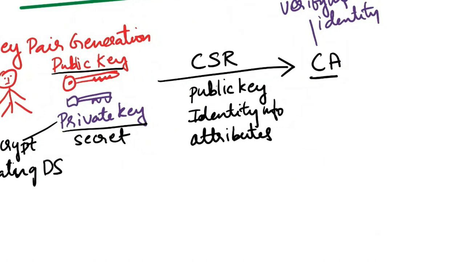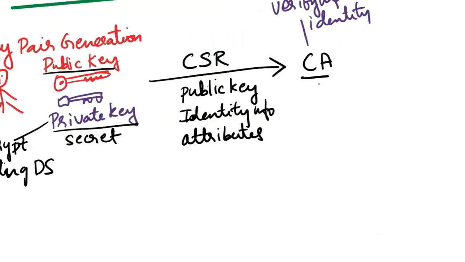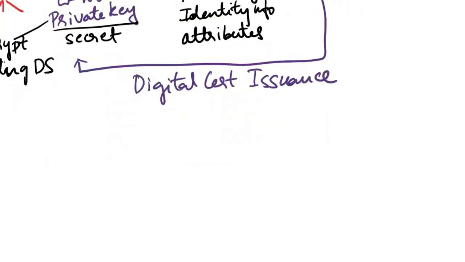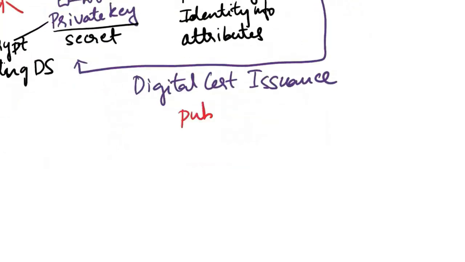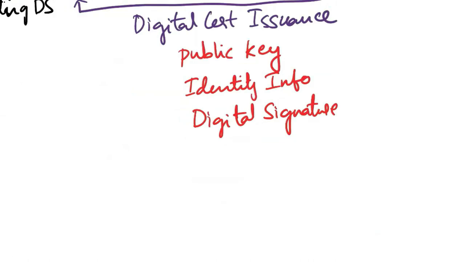Once the CA verifies the entity's identity and CSR, it issues a digital certificate. The digital certificate includes, like we discussed before, public key of the entity, identity information, and a digital signature from the CA confirming the certificate's authenticity.